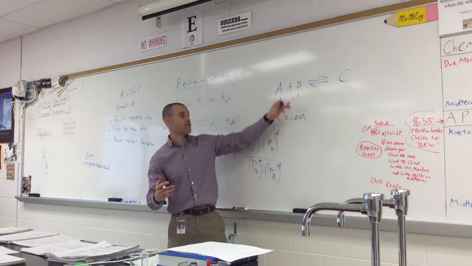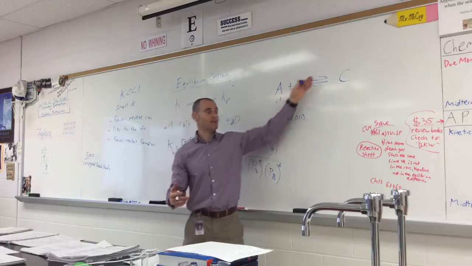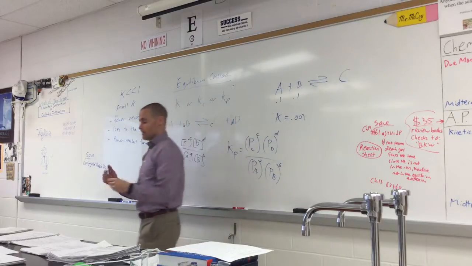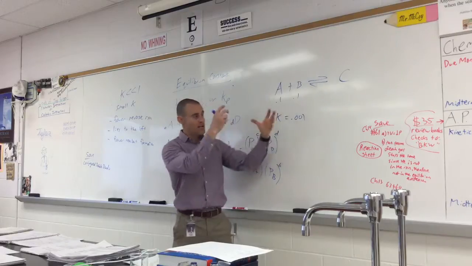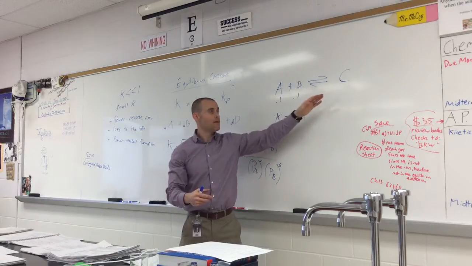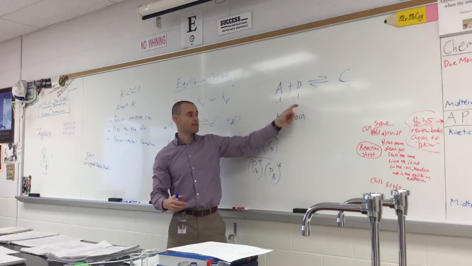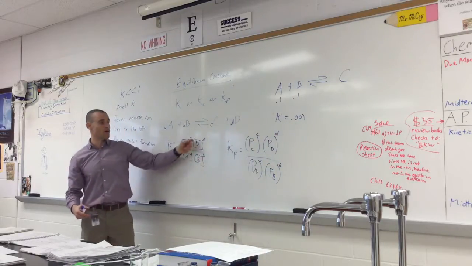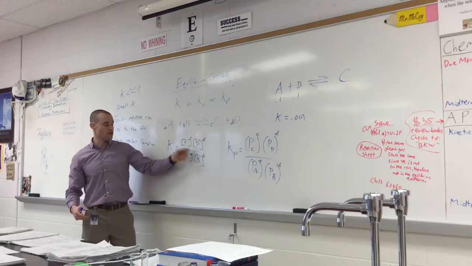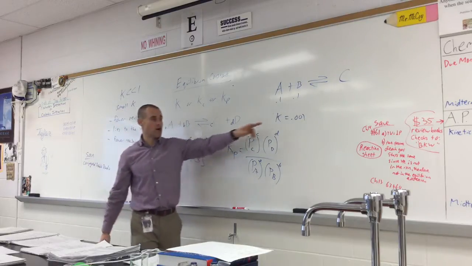You're going to have more reactants left, less products at the end. They are going to react and form products, but the ratio between them is going to show more reactants, because if you have a really small number on top and a larger number on the bottom, you're going to get a very small K.